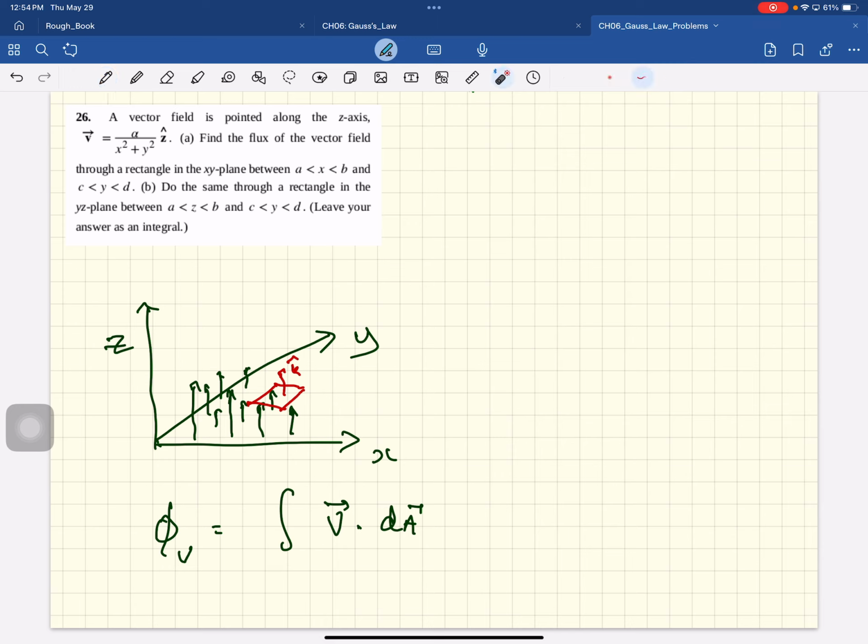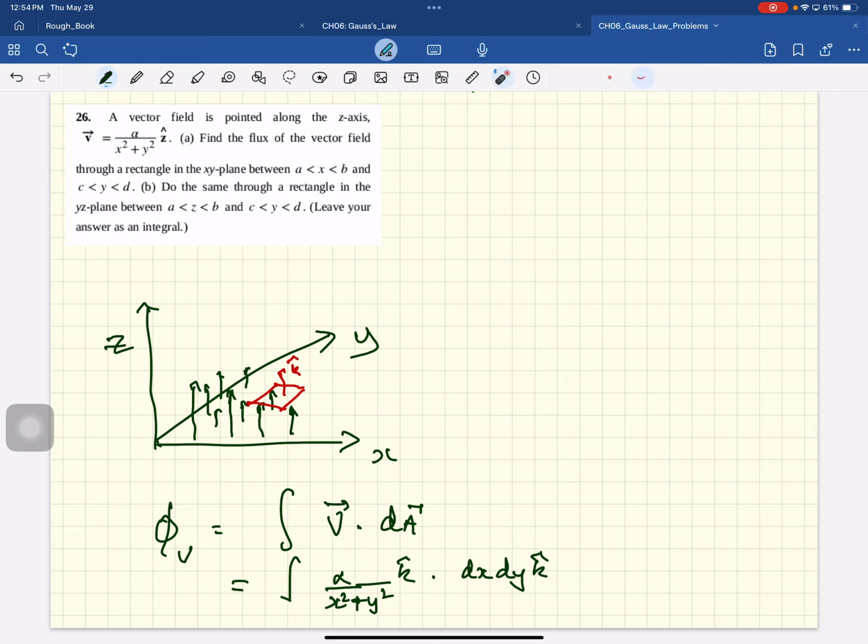So V is alpha over x square plus y square k hat, and dA will be dx dy k hat. So k hat dot k hat is 1.